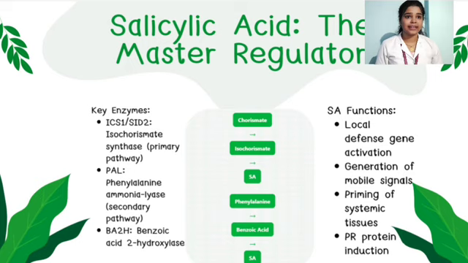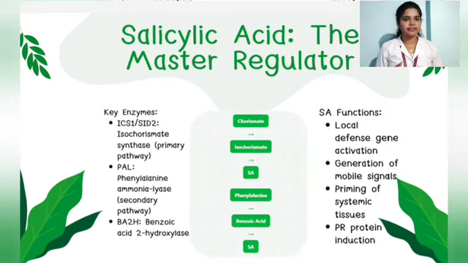Now let's see how salicylic acid acts as the main regulator. Salicylic acid acts as the main regulator of systemic acquired resistance. It activates local defense genes, generates mobile signals, primes distant tissues, and induces PR proteins. At the site of infection, salicylic acid accumulates and activates a key regulator called NPR1. This leads to defense gene expression.